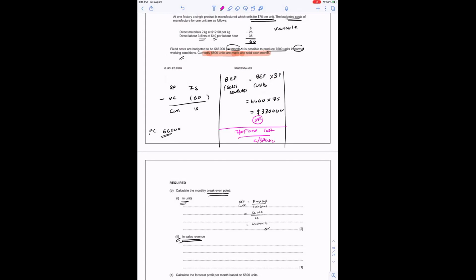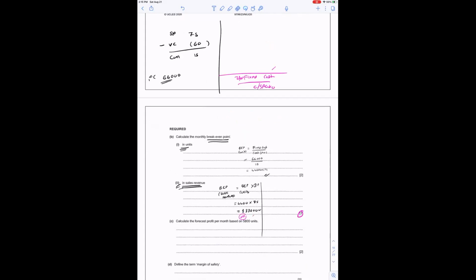Since it is only for 1 mark, I can do it this way. So I got the break-even point in sales revenue as $3,30,000. What else have they asked us to find out? Let's see.